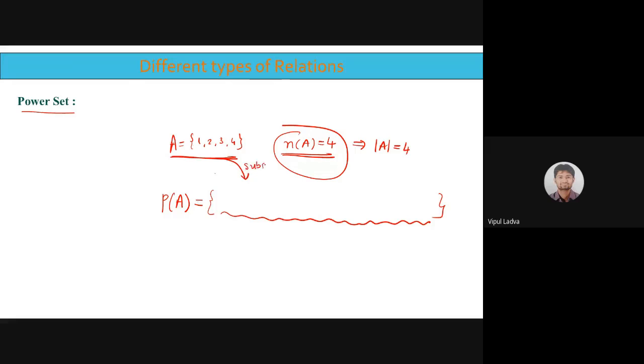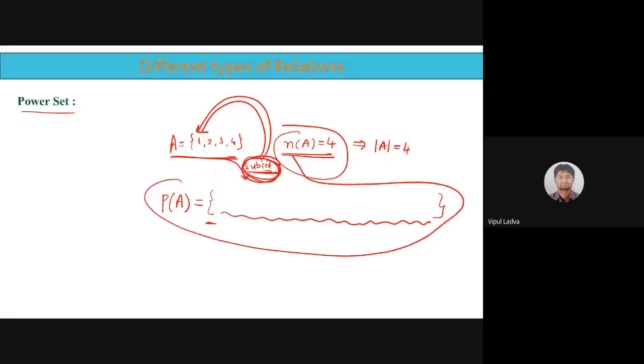If I'm forming a set of all possible subsets of a given set, then that new set is known as the power set of set A.